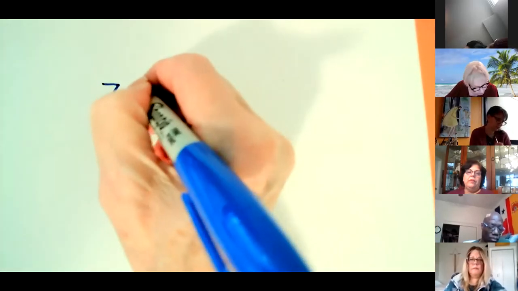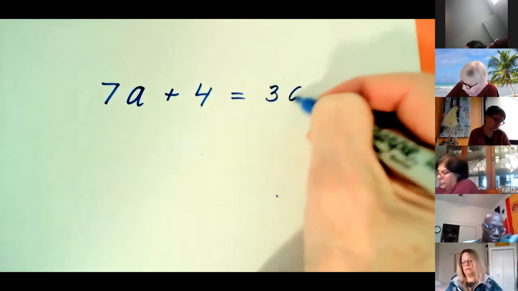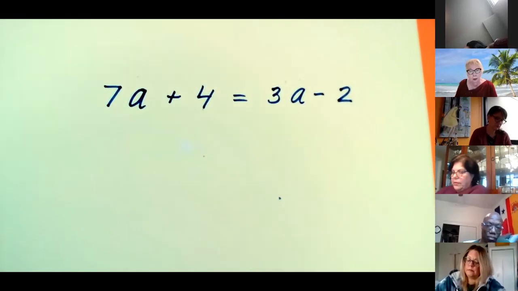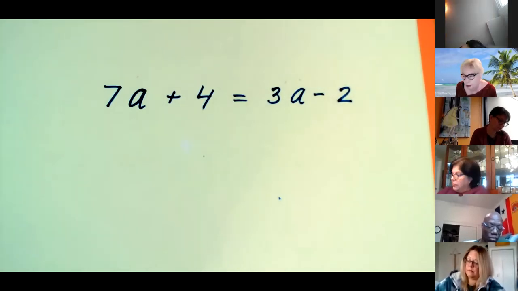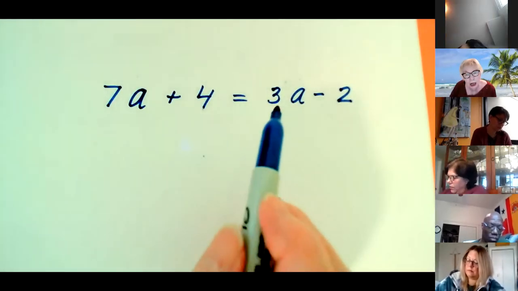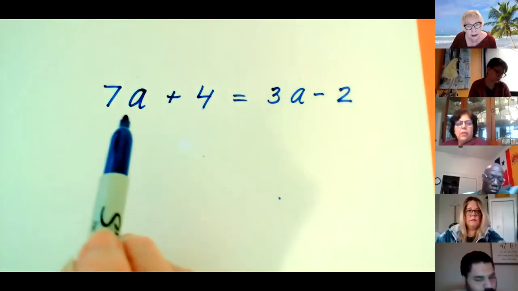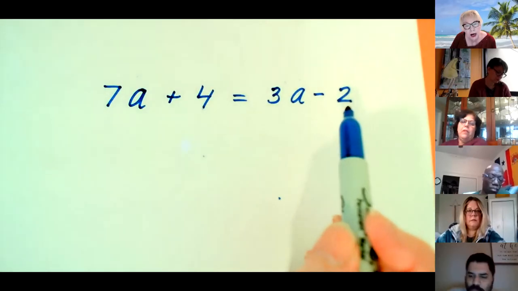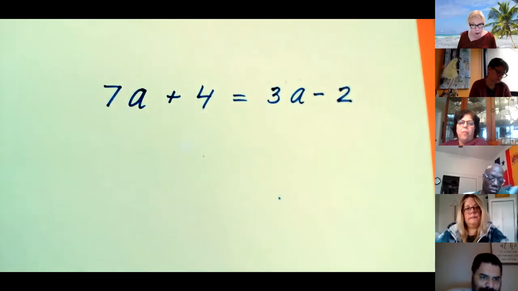And so each one of these problems will be locate the X or the letter. Wow, this one's slightly different. It's letter A. Does that matter? No, not at all. We love all the letters. The trouble with this one is that this is simplified and so is this, but we have letters on both sides of the equation.